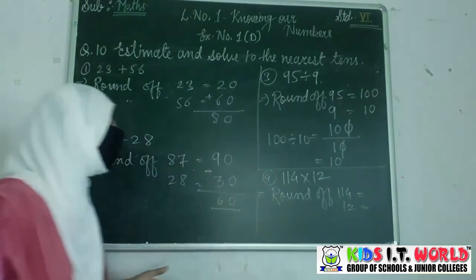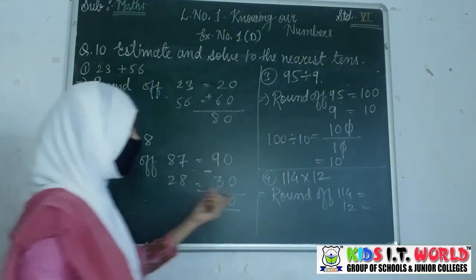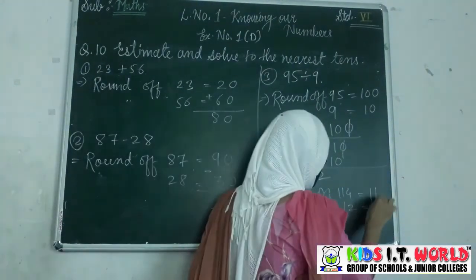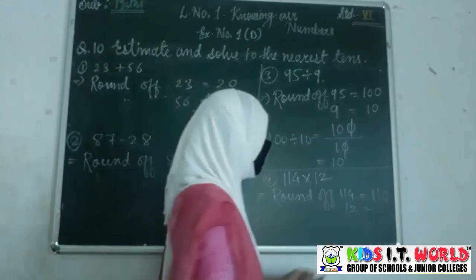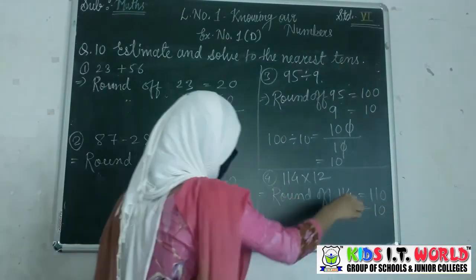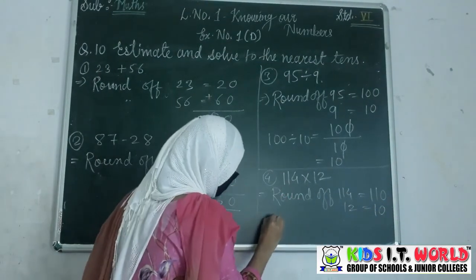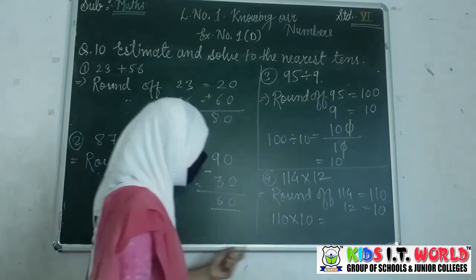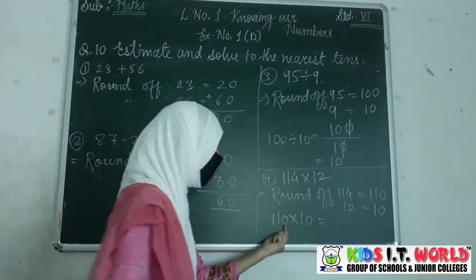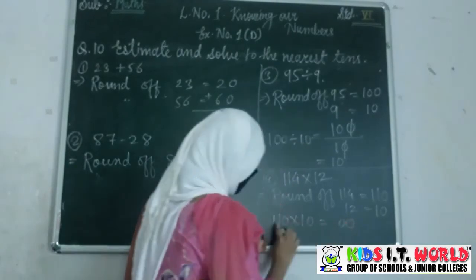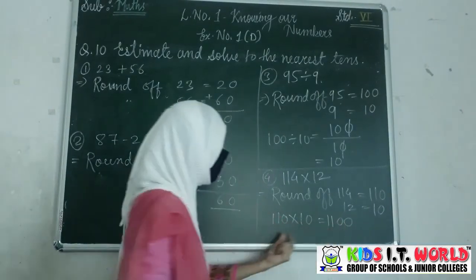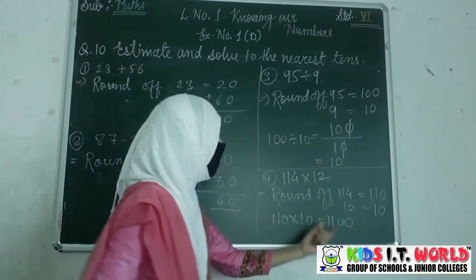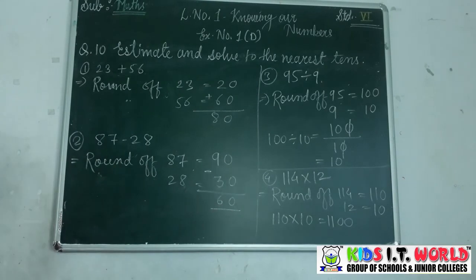The rounded value nearest to tens for 114 will be 110 and for 12 will be 10. So you have to multiply 110 by 10. How many zeros are there? 1, 2, write down 2 zeros, and 11 ones are 11. So you got the rounded value nearest to the tens, that is 1100.